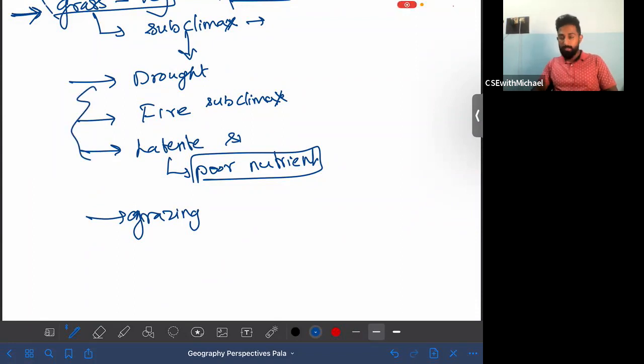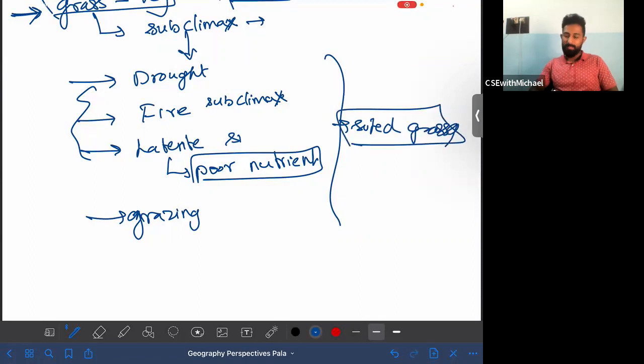So large herbivores are there. They will eat out the trees. They would uproot the trees, and thus it becomes suited for grasses to grow. Grasses would dominate the region. That's why you have the grassland topography, or the tropical grassland system in these parts of the world.